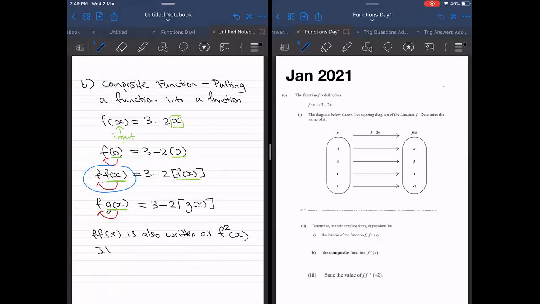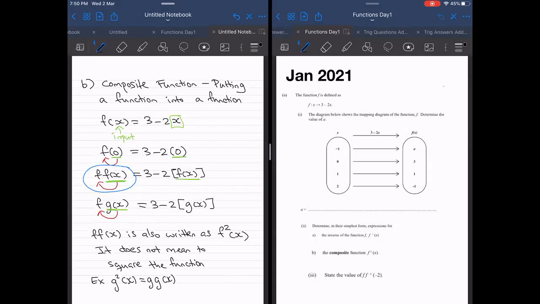It does not mean to square the function. It means to put the function f into f. Same thing if you saw g squared of x, that really means g of g of x. And we're going to talk about the composite function some more, so don't overthink it.